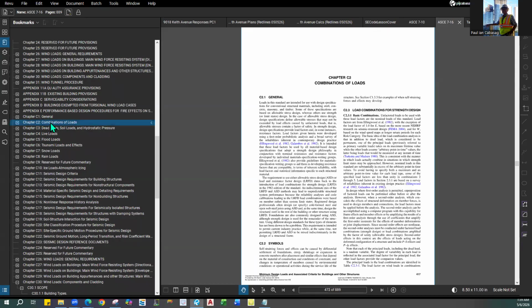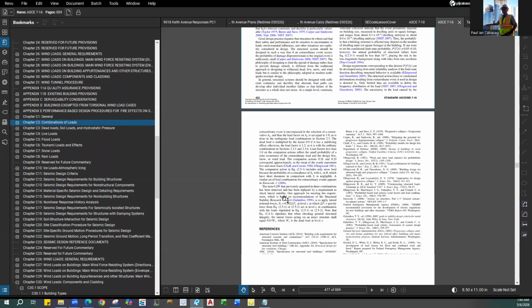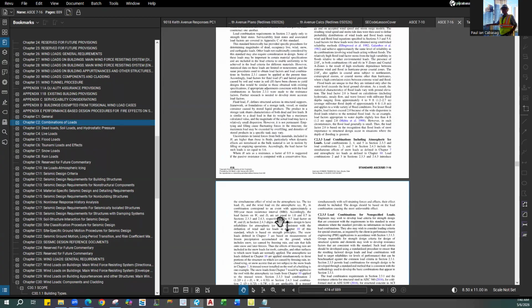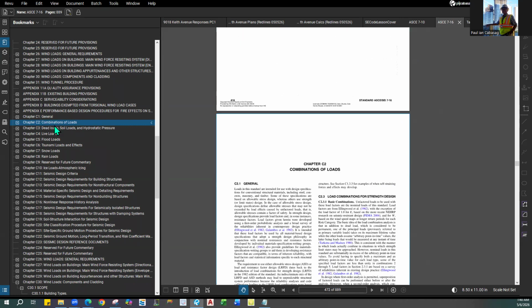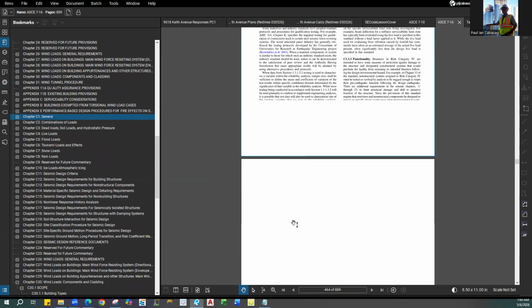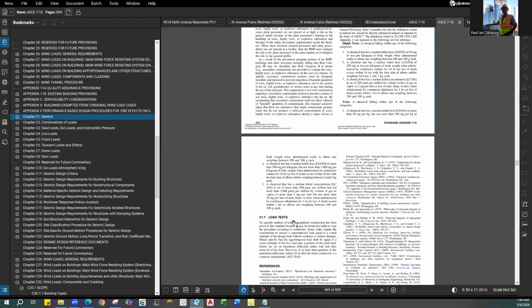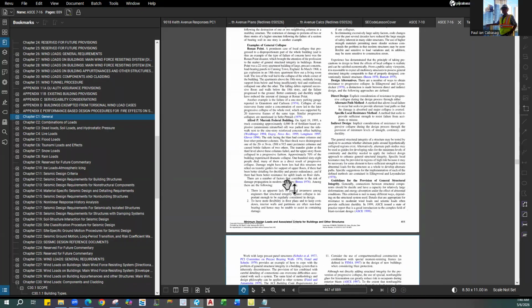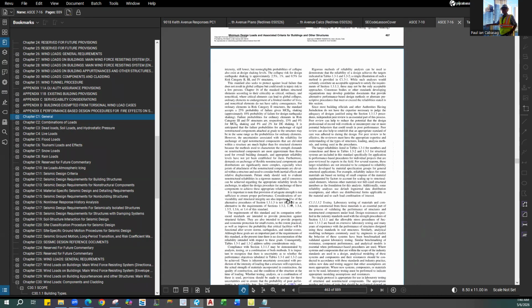So let's look at the commentary for this section. Oh no, chapter one. We're in chapter one. If you look at the functionality, risk category.